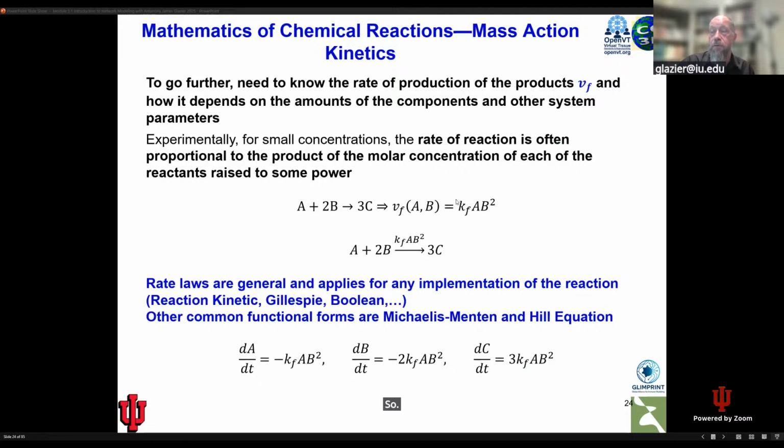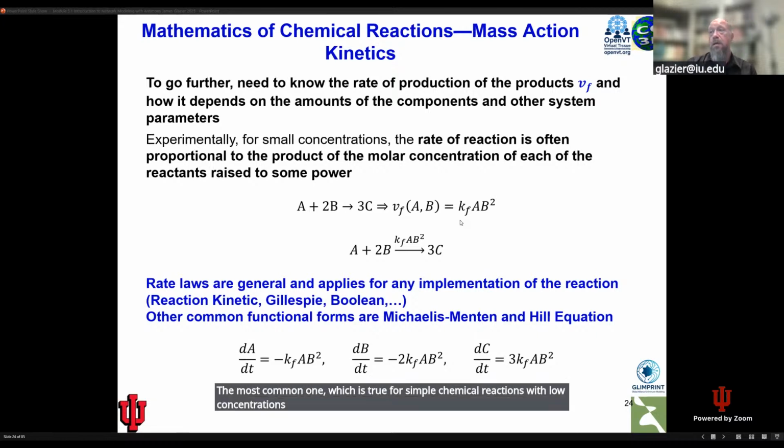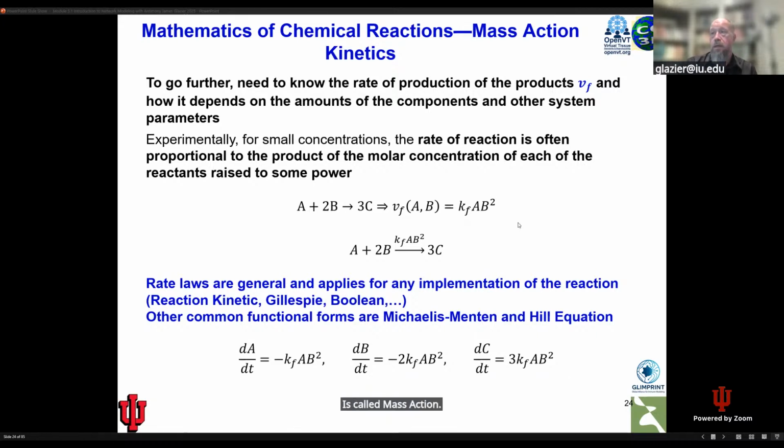So if we're going to go further, we need to have some hypothesis about how the rate of reaction depends on A and B. There are many assumptions about how you can have that happen. The most common one, which is true for simple chemical reactions at low concentrations, is called mass action. And it comes about from the simple observation that if I have A plus 2B going to 3C, and I have no A, I don't have a reaction.